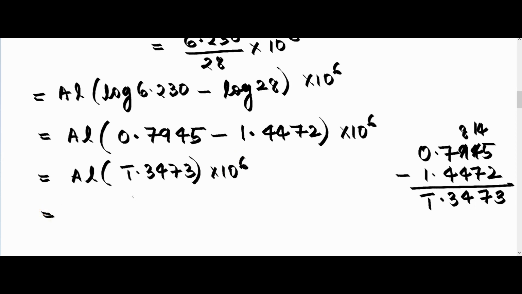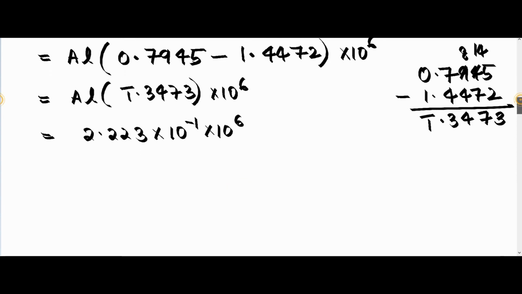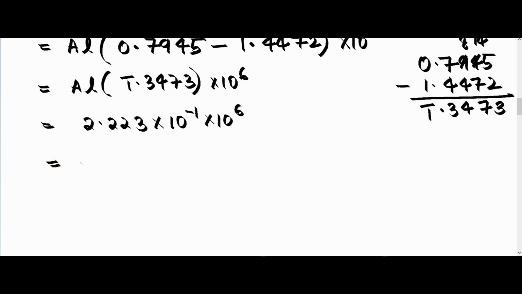This antilog value comes out very near to 2.223 into 10 raised to minus 1 into 10 raised to 6. This 10 raised to minus 1 can be adjusted in this value, so it becomes 0.223 into 10 raised to 6 joule per kg.